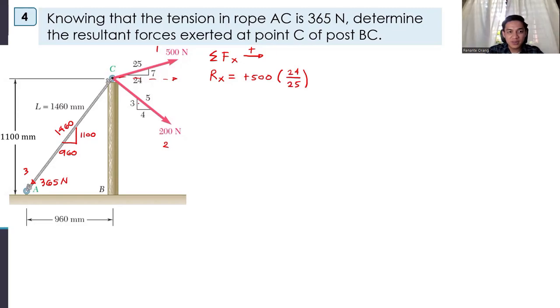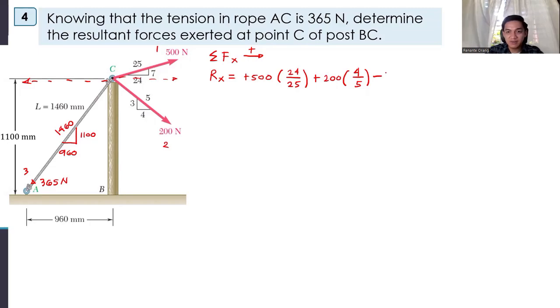Next is this force. Papunta din siya sa ating right side. So, this is positive 200 multiplied by our side of our triangle na nakahiga, which is 4, divided by 5, which is our hypotenuse.